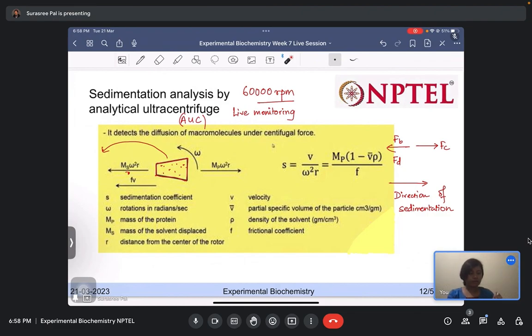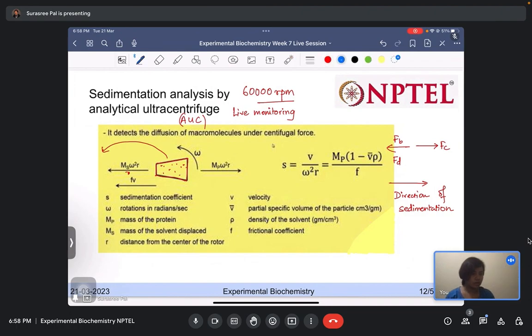Now when this sample is under the centrifugal force, there are two other forces which also act on the sample. One is the buoyant force, another is the diffusion force. The centrifugal force acts in this way and the buoyant force acts in the opposite way, and this will be the direction of sedimentation. Our samples will be sedimented in this direction.